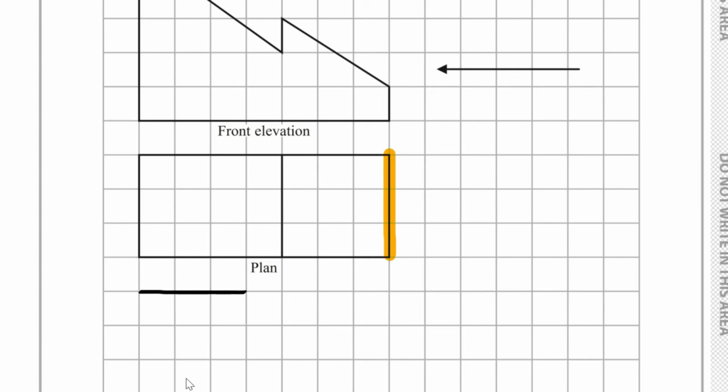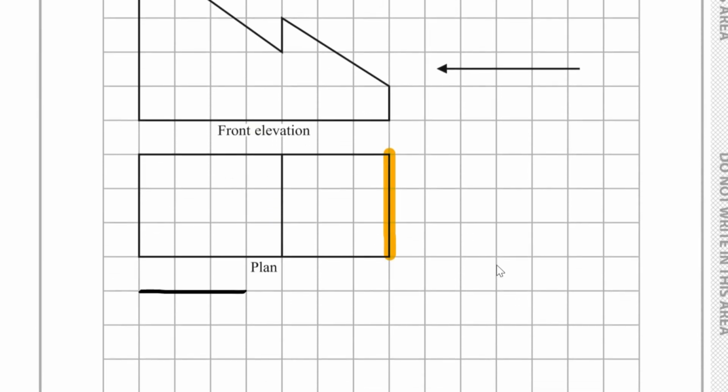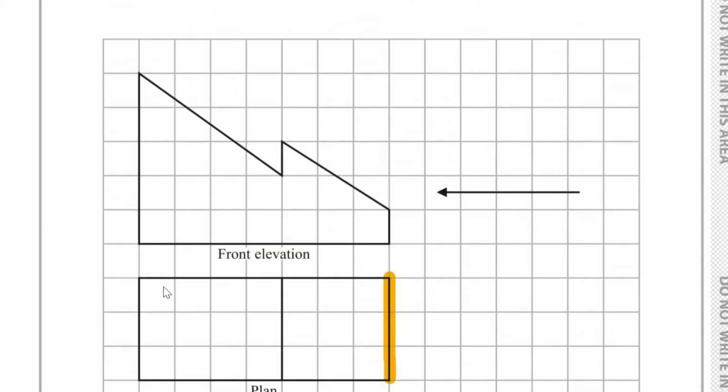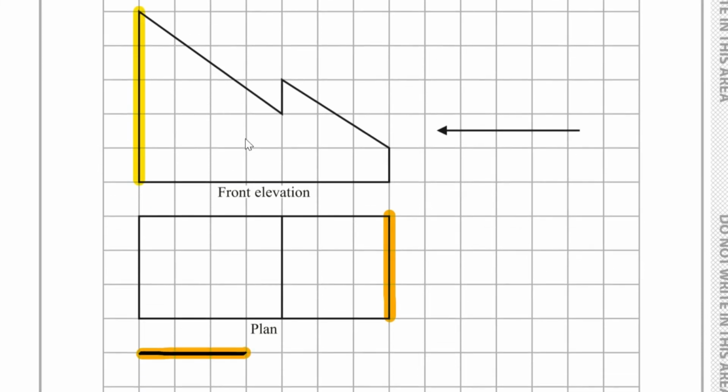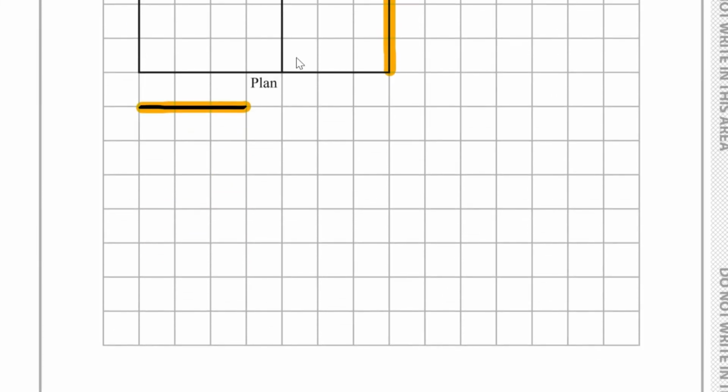Now, to determine how tall this is going to be, we can use this height over here, and that's 5 squares long. So we need to draw a line which is 5 squares long, like so.